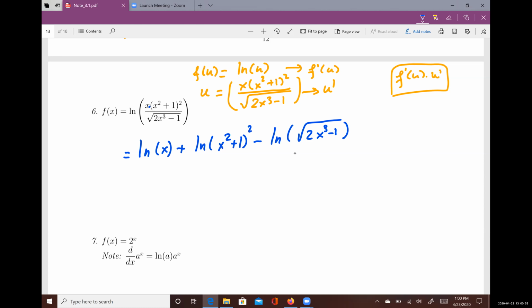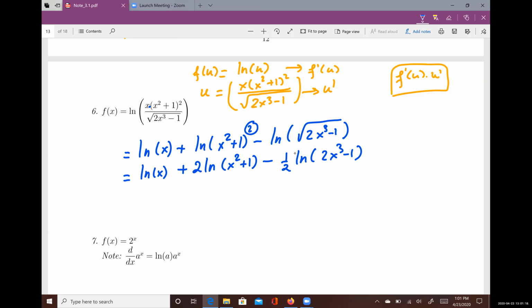I can simplify it a little further. The natural log of x I cannot simplify any further, but I can move the 2 to the front: 2 natural log of x squared plus 1. Minus, since this is a square root, I can bring the 1/2 in front of the natural log of 2x cubed minus 1.